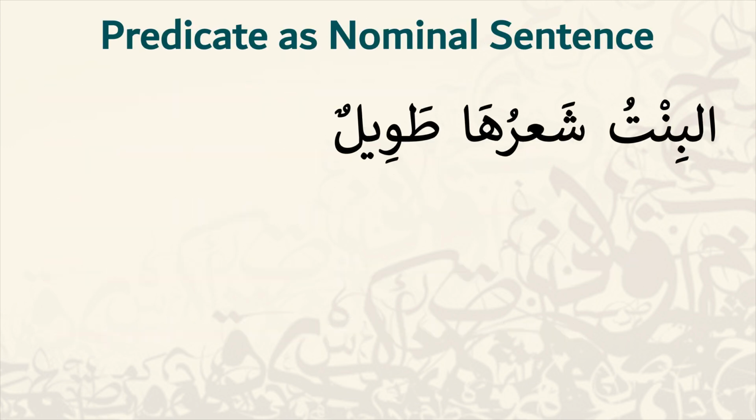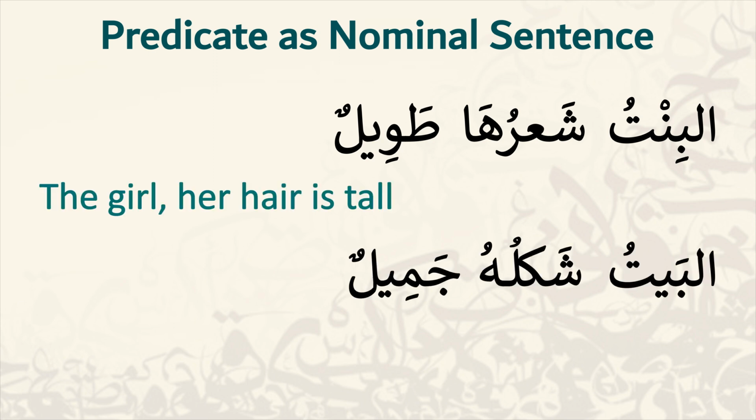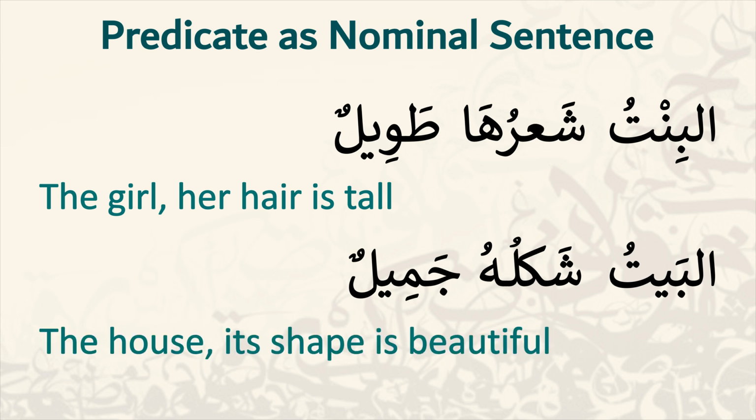البنت شعرها طويل. The girl, her hair is tall. البيت شكله جميل. The house, its shape is beautiful. In these two examples, the predicate is different. We said predicate is giving us information about the subject.